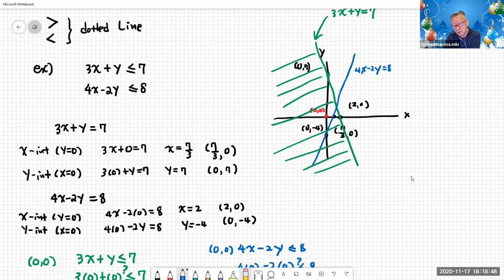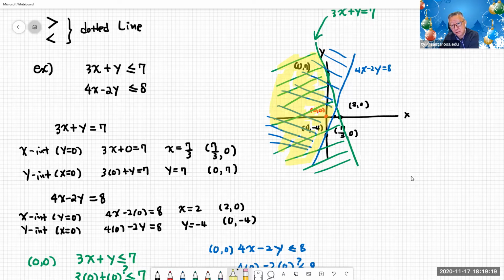Wherever the green line and the blue line intersect, those are going to be our solutions. So the solution, you can say all this comes down here. All this is going to be our solutions.